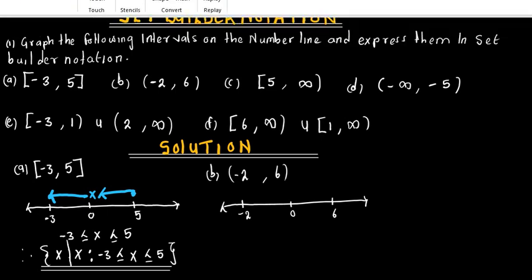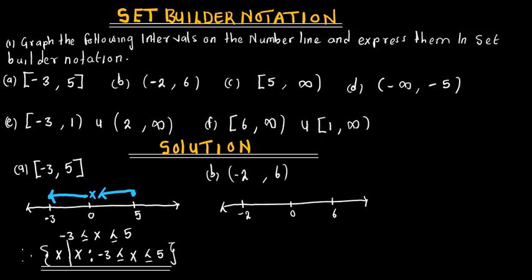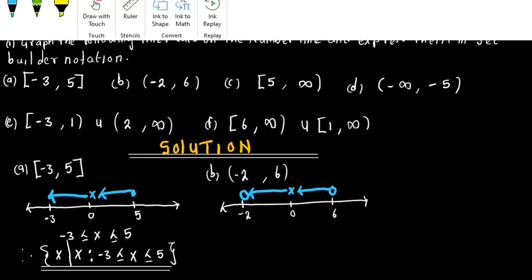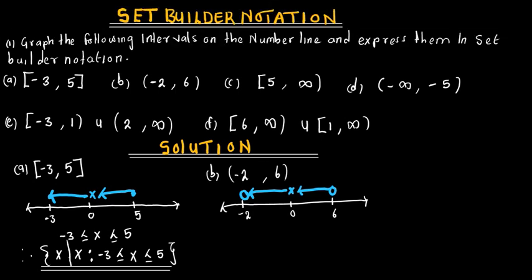What is the range on which x is falling? Since we have an open circle at -2 and an open circle at 6, we can state that this is going to be -2 less than some x less than some 6. Under set builder notation, this gives us the area that we want.